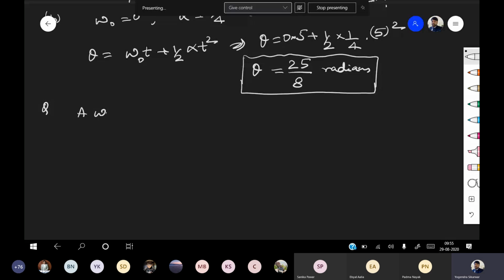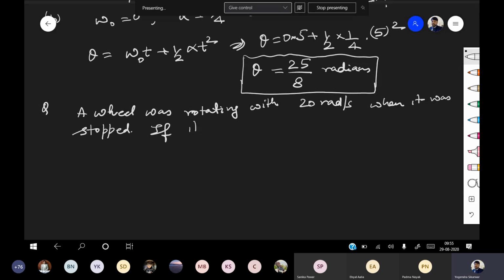A wheel was rotating with 20 radians per second when it was stopped.